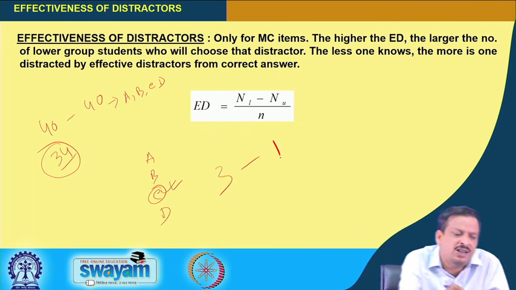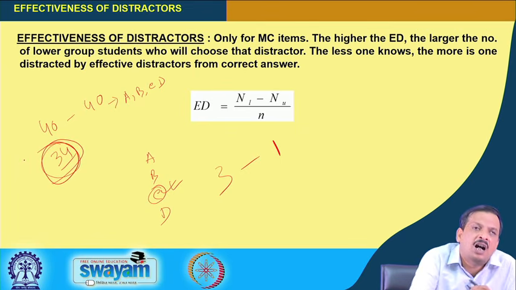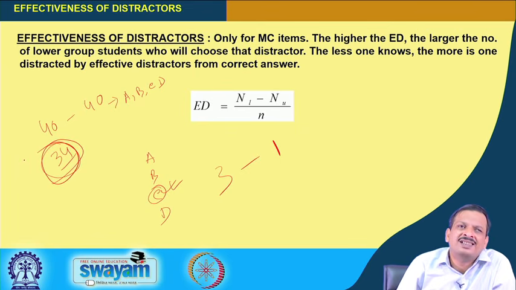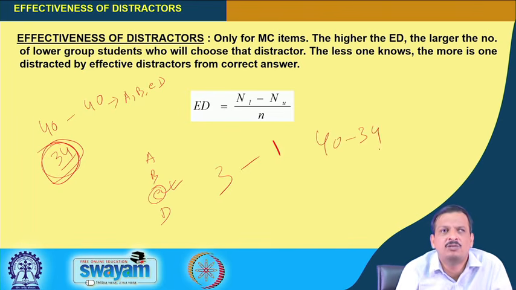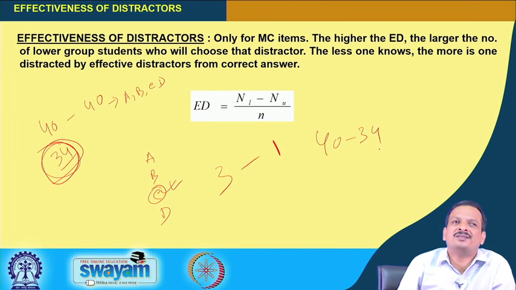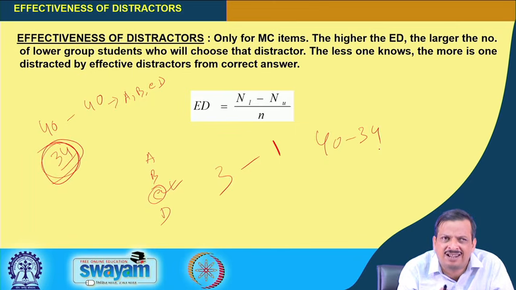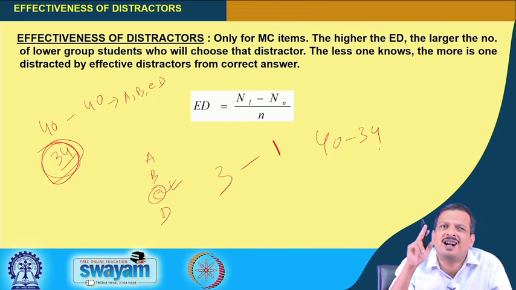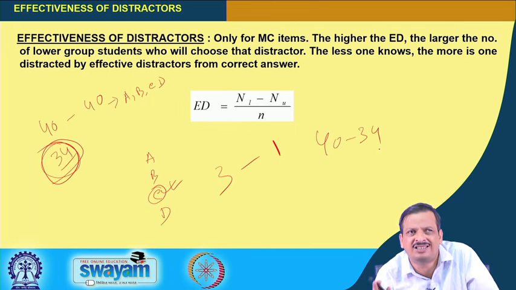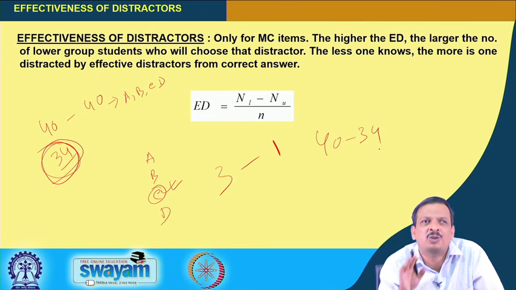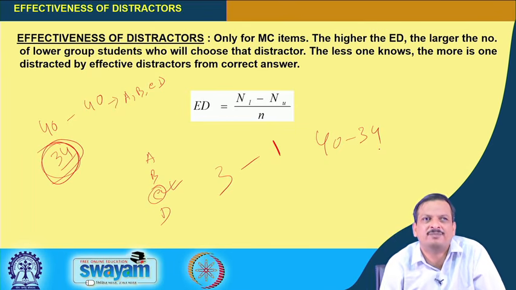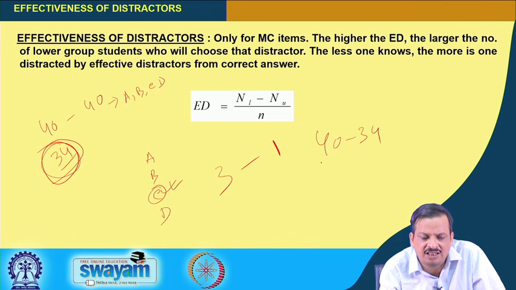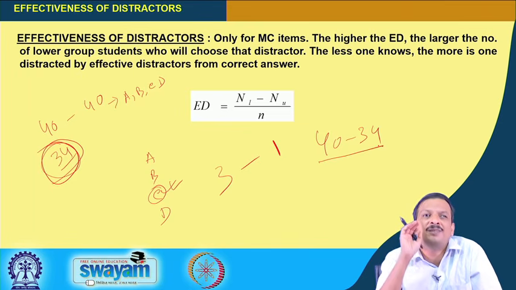Then, if a student scores 34, how much marks did he get wrong? 40 minus 34. So, total marks minus marks obtained by the student is the marks on which he or she has made mistakes.